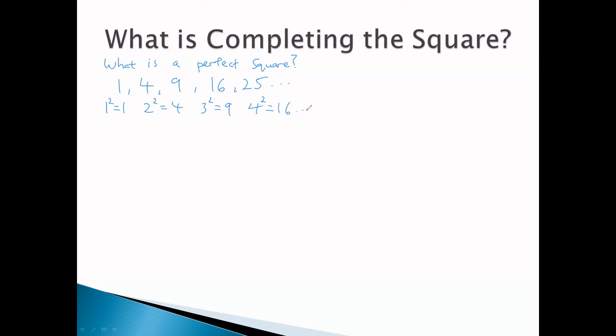Now, so we know what a perfect square is. Now, how about this? I give you a quadratic expression, x squared plus 4x plus 4, and I say it's a perfect square. How do I know it's a perfect square? Let's do a quadratic factorization.